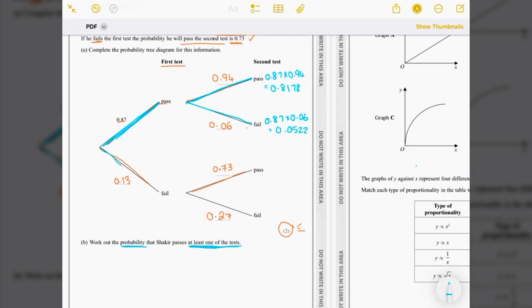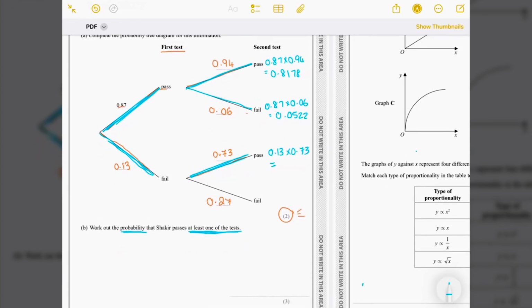Or he could fail the first one and then pass the second one, because then he's got at least one of the tests. So that's 0.13 times 0.73, which is 0.0949.